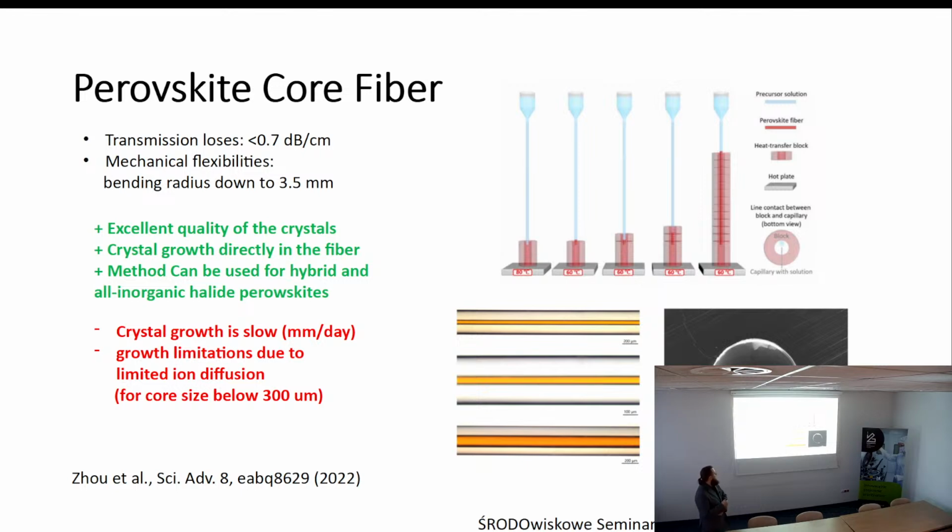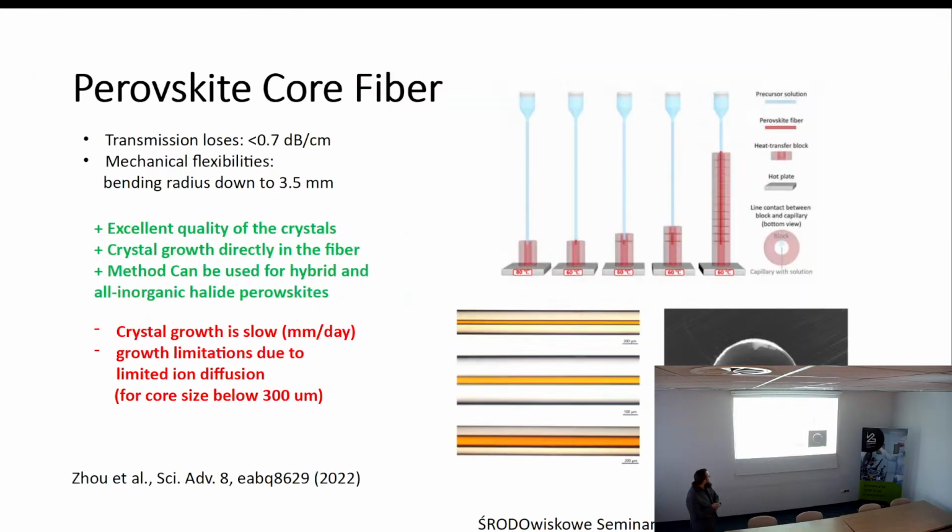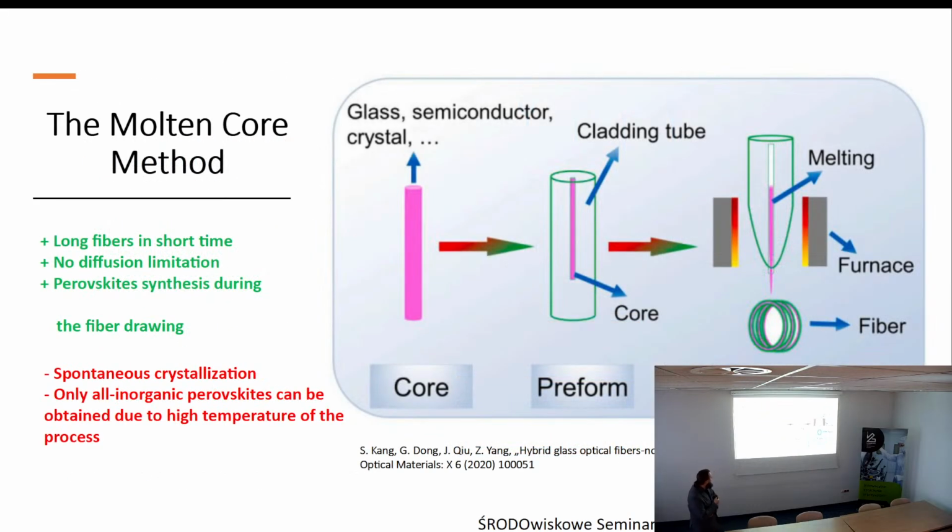However, crystal growth is quite slow, and growth limitation due to ion diffusion makes some problems, so that we sometimes can obtain only very short fiber. But we were working on other methods, as I mentioned at the beginning.